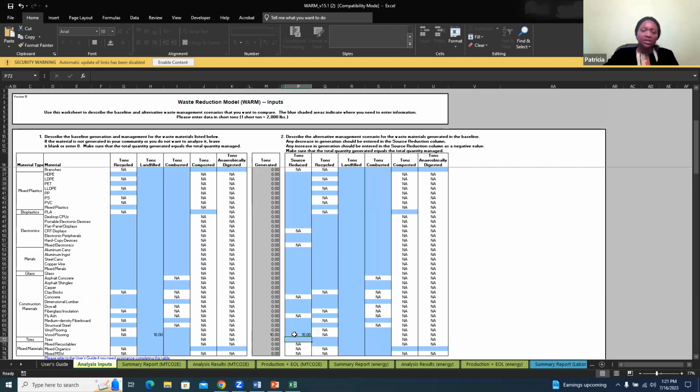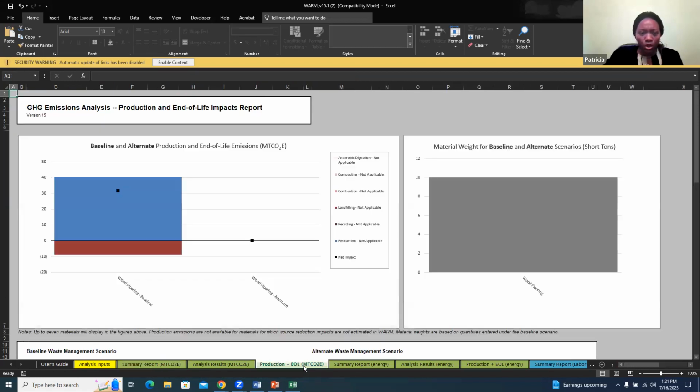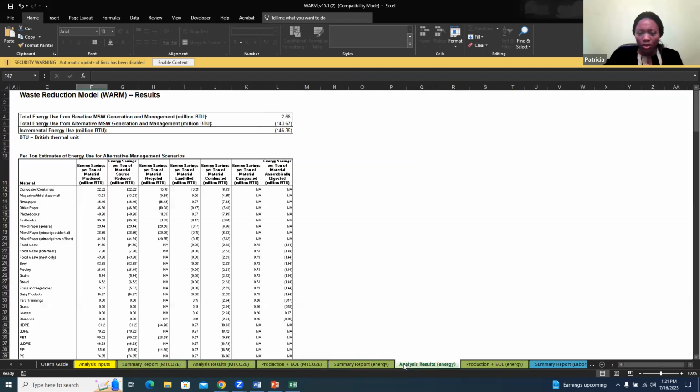So the good thing is, once you put in your weights, it automatically generates the results for you. You have a summary report. It tells you the amount of CO2 that is reduced, and the greenhouse gas emissions from the alternative waste management scenario. It will generate a chart for you to give you the results, and energy.